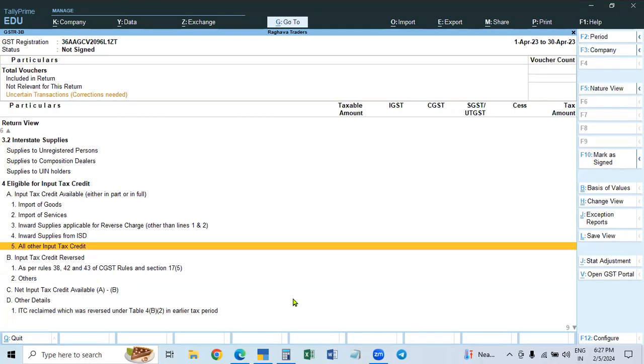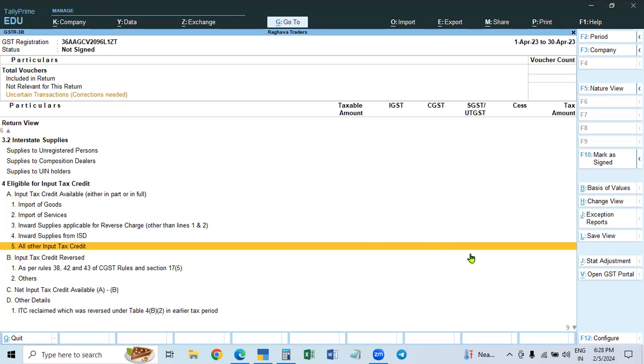Rule number 42 says, claim the total or common ITC. For example, if it is 1 lakh, it will show CGST 50,000, SGST 50,000, total 1 lakh. So we are claiming this total, automatically populated.